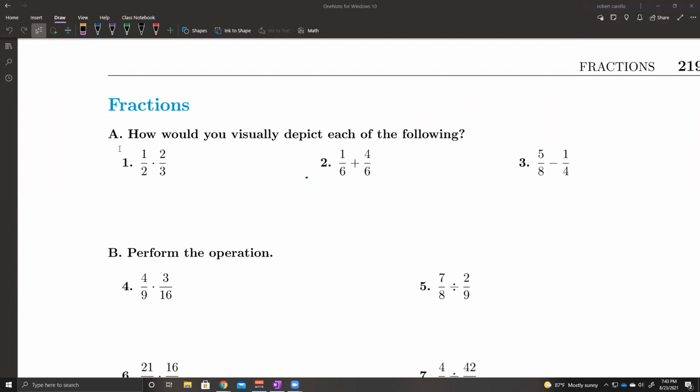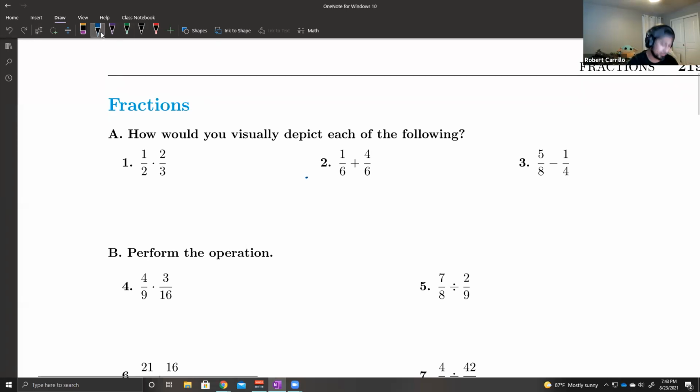We could probably do that for all these examples. So this is what's great about math, and calculators. You could even change these to decimals. You can make this 0.5 times, what's 2/3? 0.66 repeating, we'll just say 0.67.